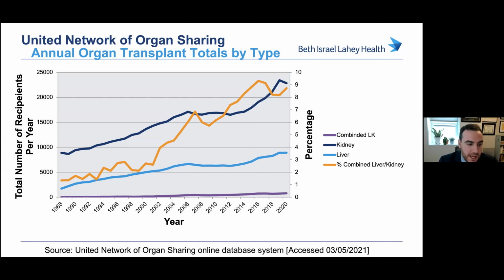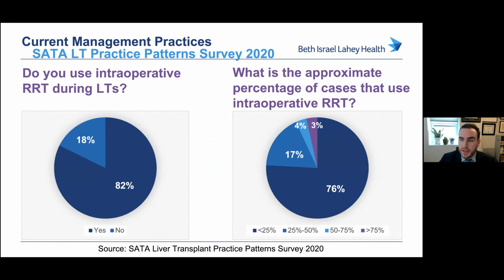And as you can see, over time, since 1988 till 2020, the incidence of combined SLKs has gone up from about 2% to 9% of liver transplants a year. Even with the changes in UNOS criteria for SLKs, it looks like it will still continue to increase on an annual basis. So this problem is only going to get worse with time.